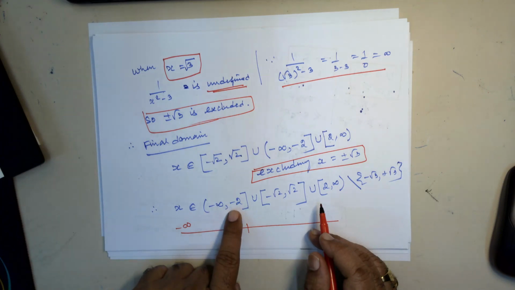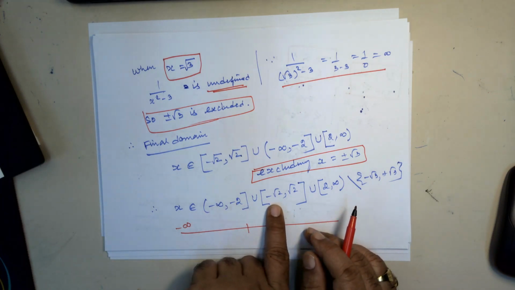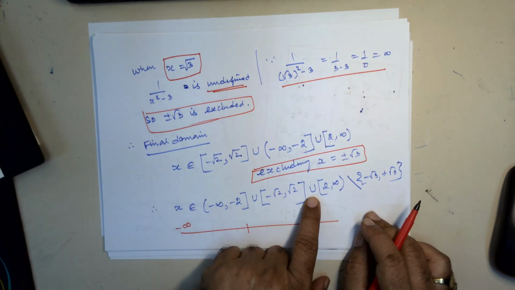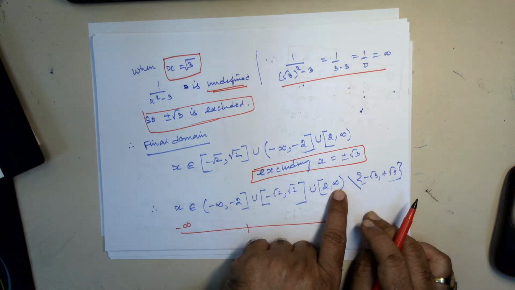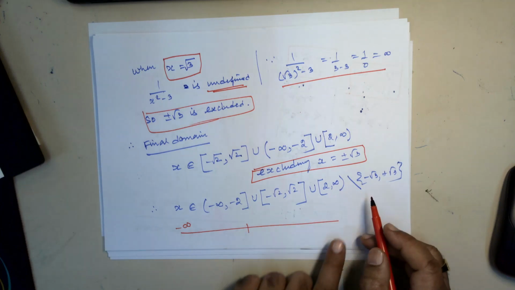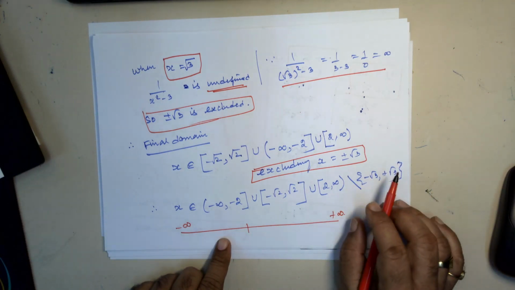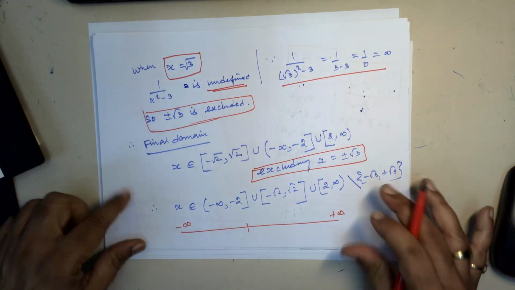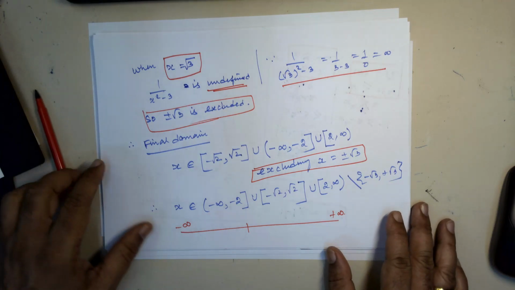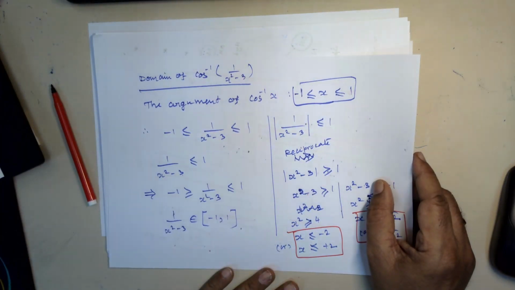So minus infinity to minus 2, and then minus root 2, because minus 2 comes within minus root 2, then plus root 2, and then you can union 2 to plus infinity. It means except minus root 3 and plus root 3, this range will lie here. So this is the complete domain of cos inverse of 1 by x squared minus 3.